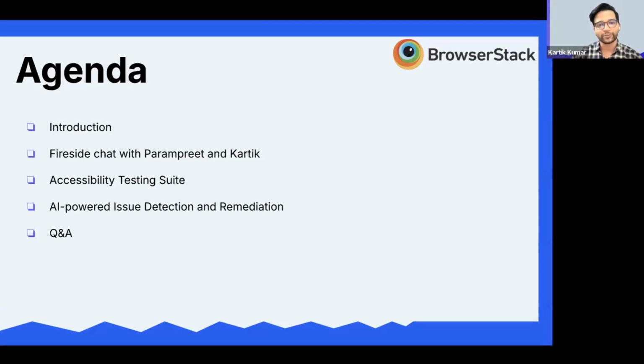I'll quickly lay out the agenda so that everyone joining is on the same page. We've just wrapped up our introductions, and then we are going to dive into a fireside conversation between Param and I where we cover the design aspects, mobile accessibility testing, and how organizations should approach accessibility testing in general. We will pick Param's brain and his more than a decade-long experience as an accessibility expert himself and get some insights that you can take away and implement within your organizations.